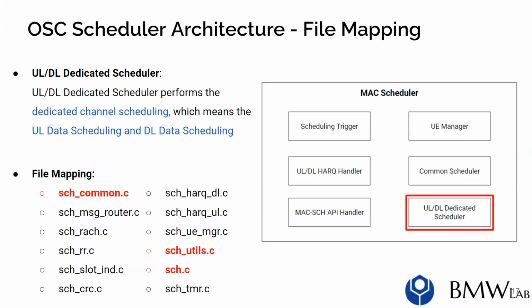Actually, the file architecture in the OTU high is a little messy. Do they use SCHRR, which is round robin?